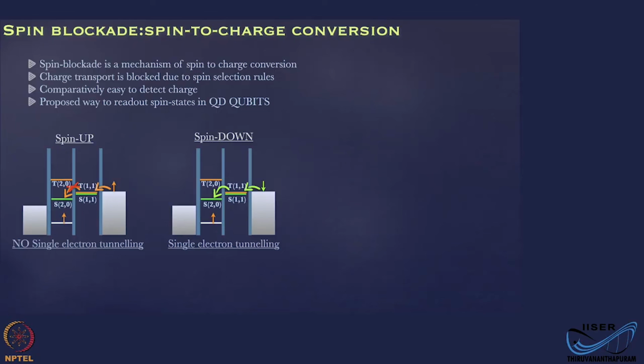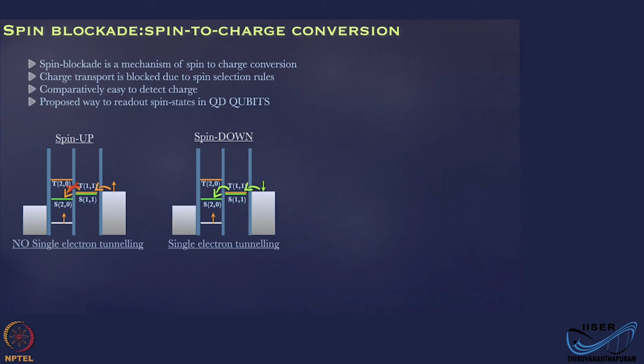And this is more of a blessing, because the detection of a single spin is really hard by probing its magnetic field or magnetic moment, because it's a very tiny amplitude, and it's almost impossible to detect.